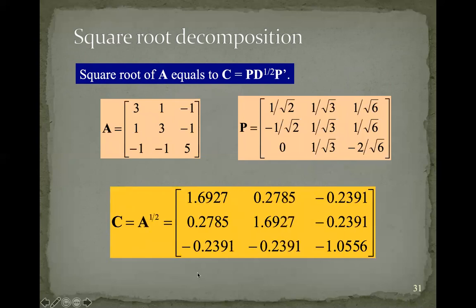With this multiplication, we can multiply that out to find the square root of the matrix A. So this is one way of finding the square root of the matrix A.